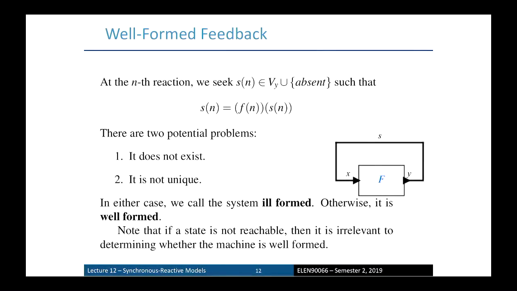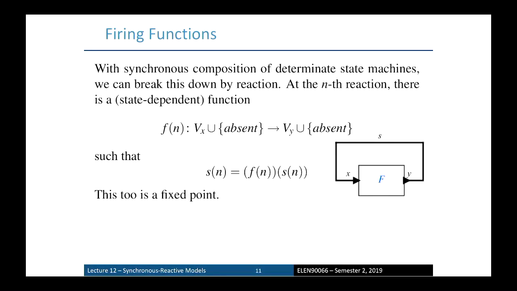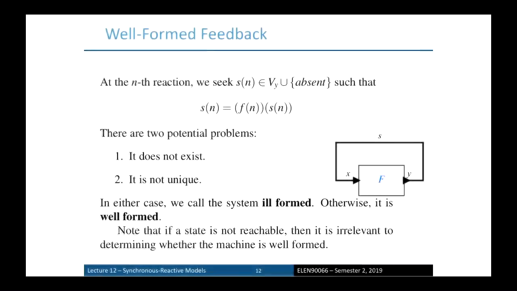I'll just go back. We call this function the firing function. It's like the tick that gets the machine going. It's mapping this to this. It's important that we have what's called well-formed feedback. I'll give you two very simple examples from digital logic, almost trivial examples.